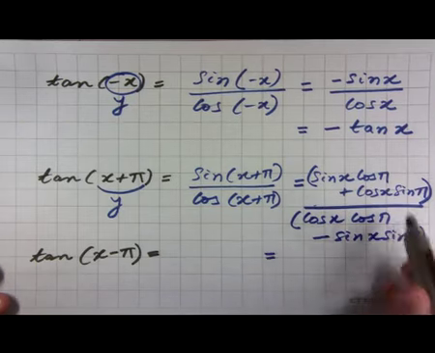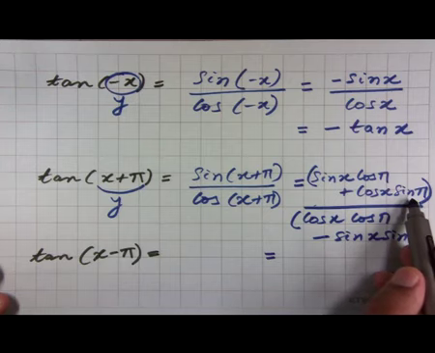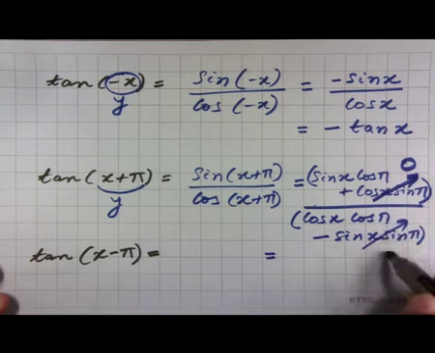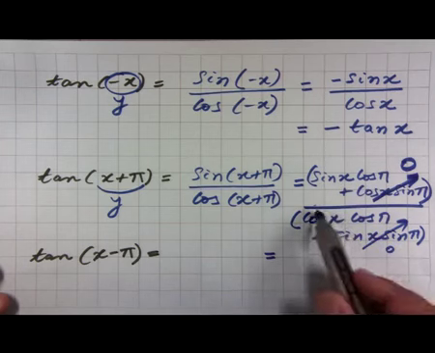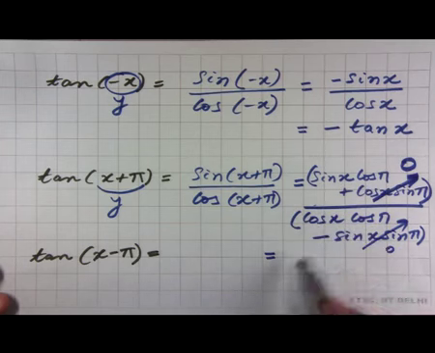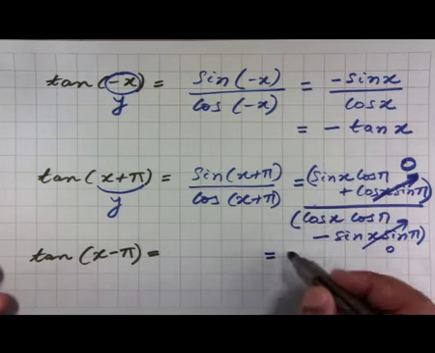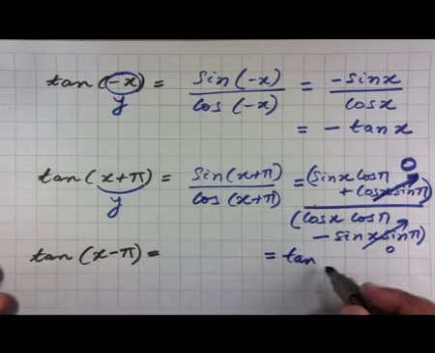Now, we know that sine of pi is 0, therefore, this term will go to 0, and even here this term will go to 0 because sine of pi is 0. So, what remains is sin x cos pi divided by cos x cos pi which is equal to sin x by cos x, which is equal to tan of x.